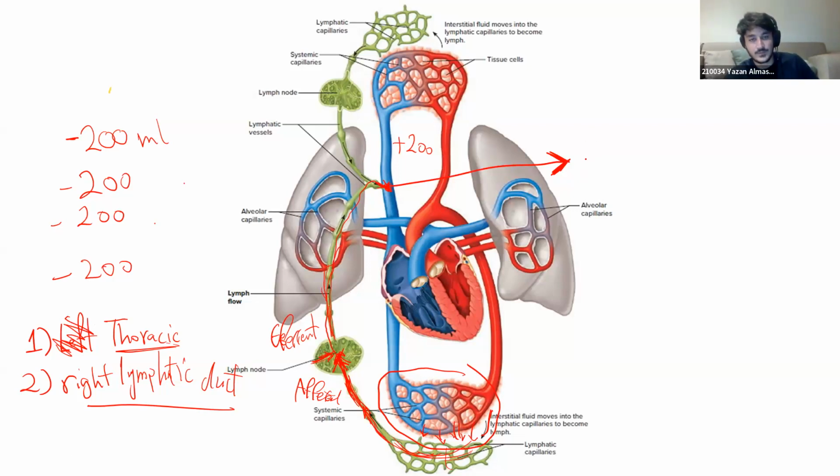Does anyone know? The junction of the brachiocephalic, cephalic, and internal jugular.